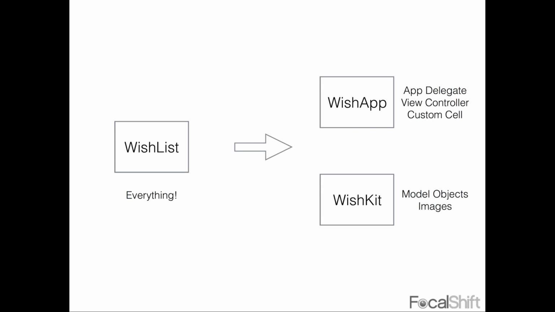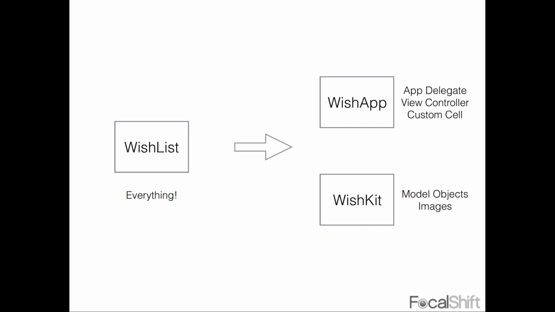So starting from the wish list app on the left-hand side of the screen, we're going to produce two new projects in Xcode. One is going to be the Wish app, and it's going to have all the UI stuff for this particular application. And then we're going to produce a framework called Wish Kit, which is going to have the model object and the images for how this framework is going to work.